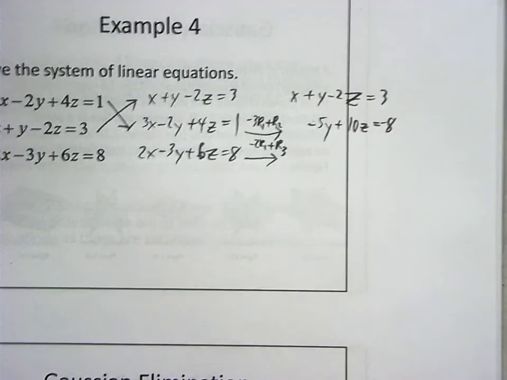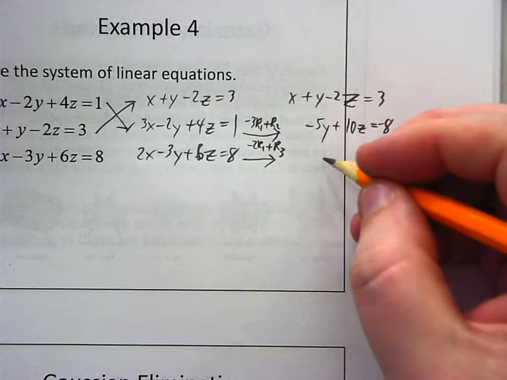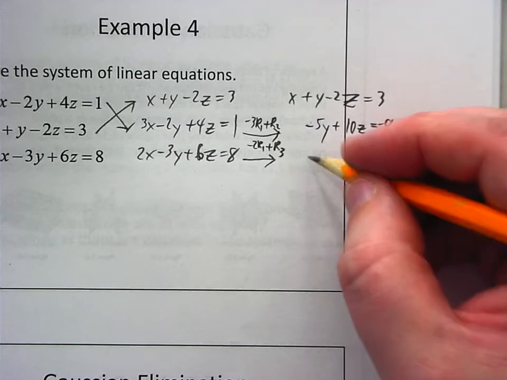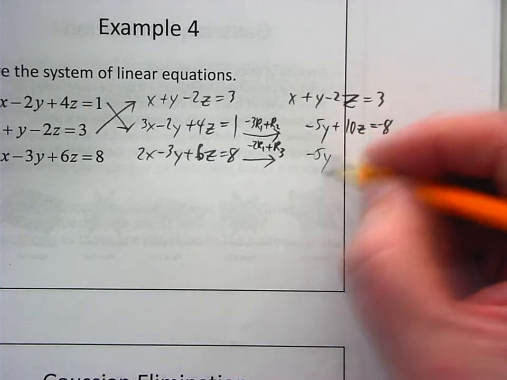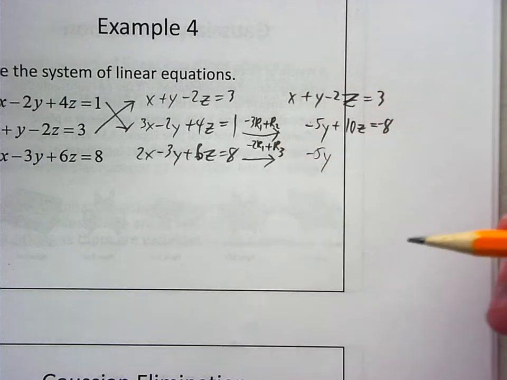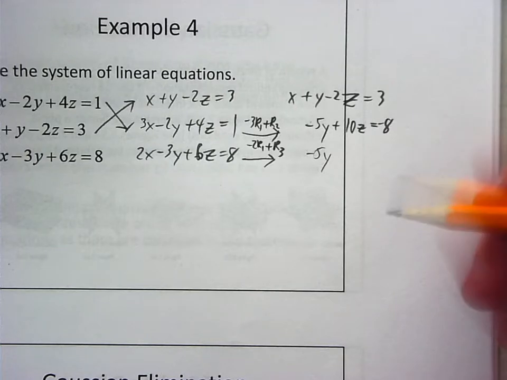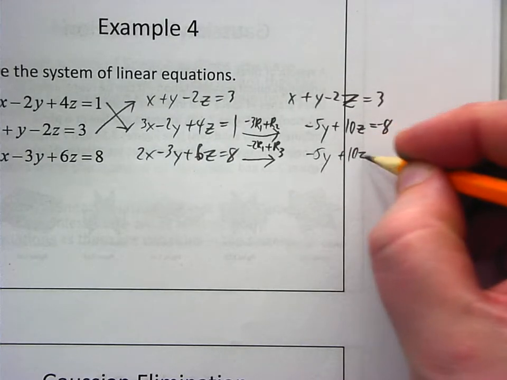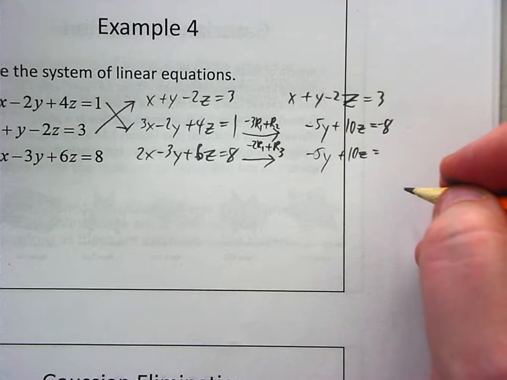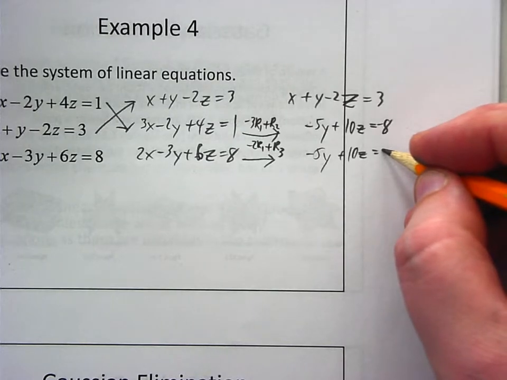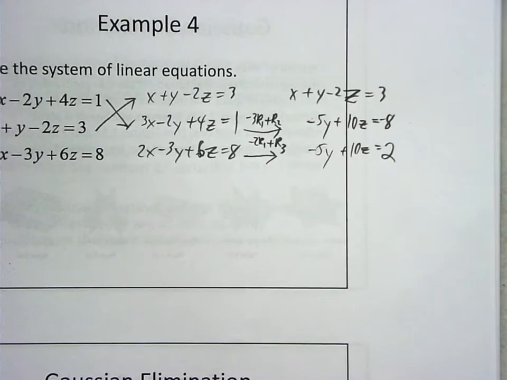Okay. So then, the bottom row. Negative 5y. Plus 10z is equal to? Say again? Anybody else? 2? Okay. Just making sure.